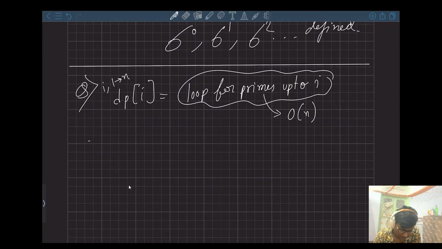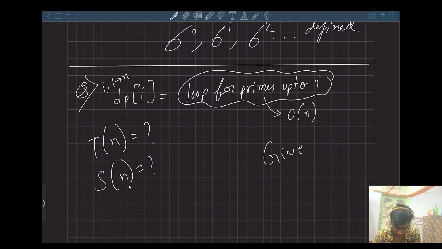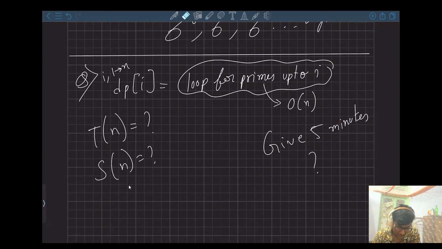So what's the time complexity? And what's the space complexity? So give 5 minutes. Try to use the prime number theorem. Try to use some of the conclusions. This is not very difficult. Okay.